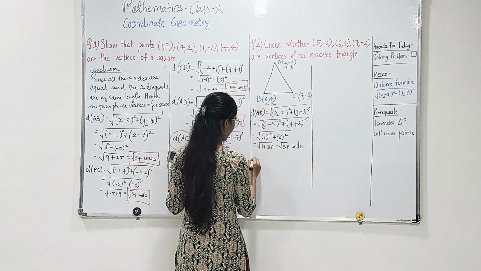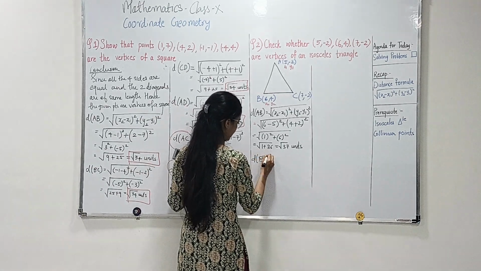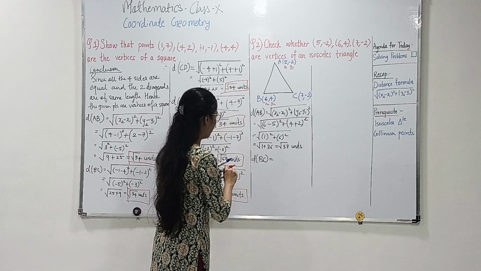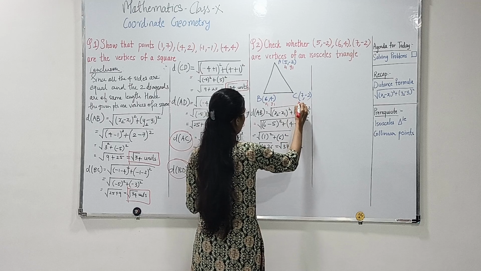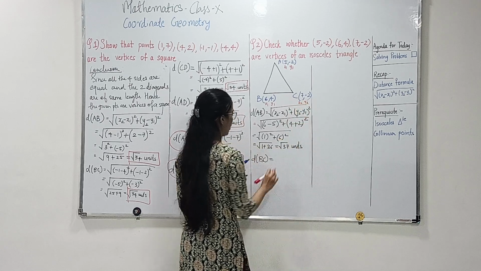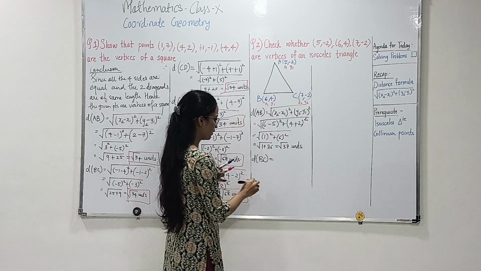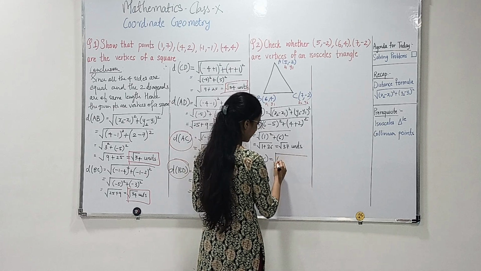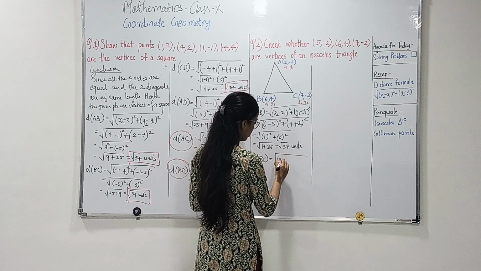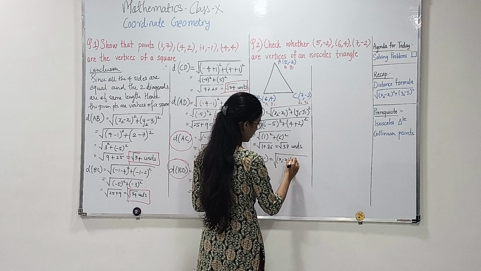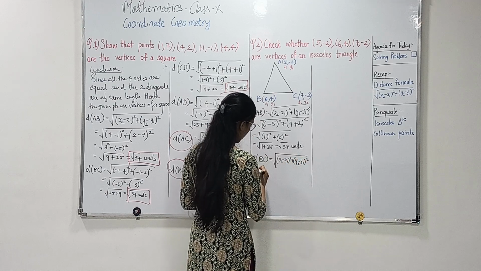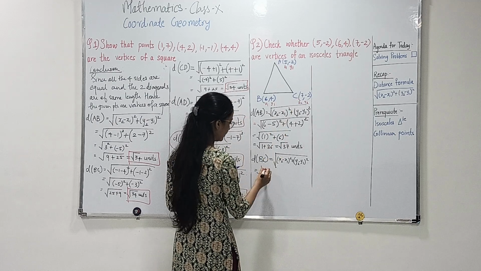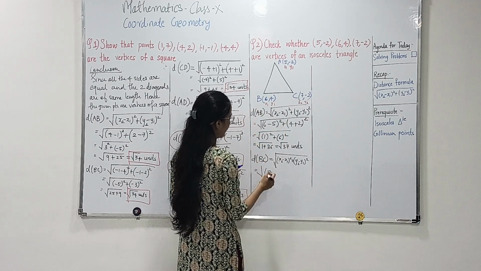Now let's calculate distance BC. Again the same formula, but now here this is your x1 and this is your y1, this is your x2 and this is your y2. So as per the distance formula, distance between B and C is the square root of (x2 minus x1) the whole square plus (y2 minus y1) the whole square. So the value for x2 over here is 7, and x1 is 6.